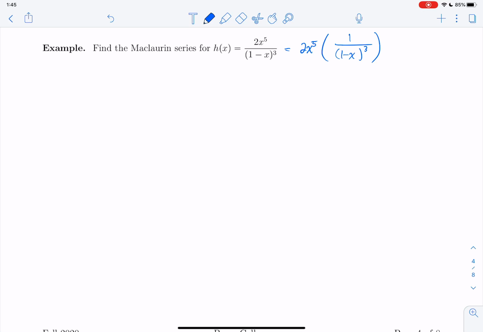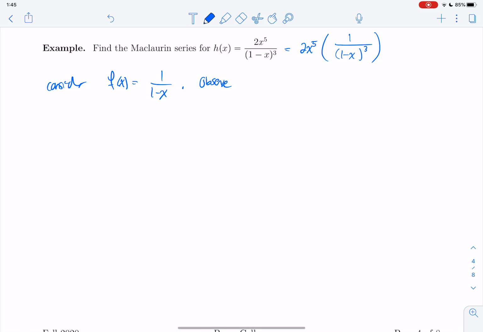And the key takeaway here is that if I were to consider a function, say f, call it 1 over 1 minus x, this is the object without the cube, every time I differentiate f, the power of the denominator is going to increase.